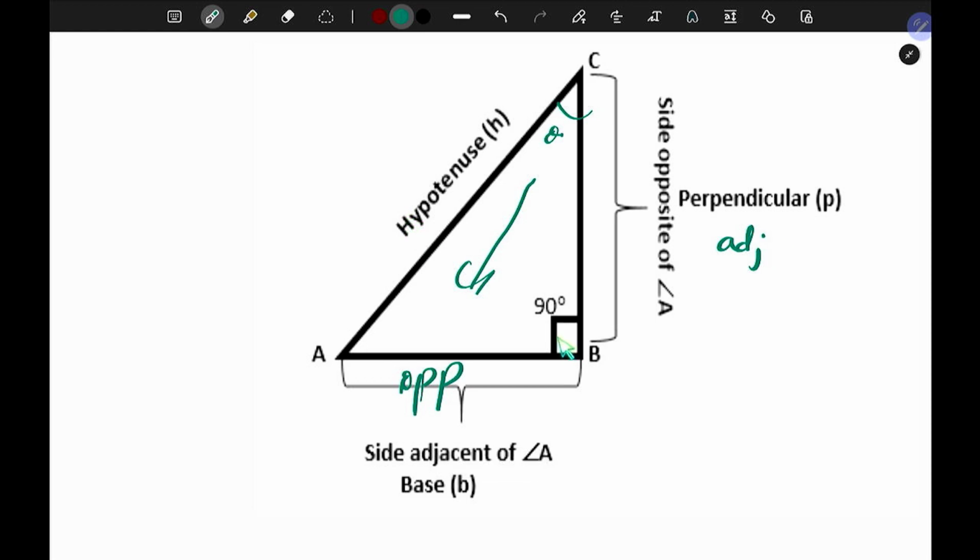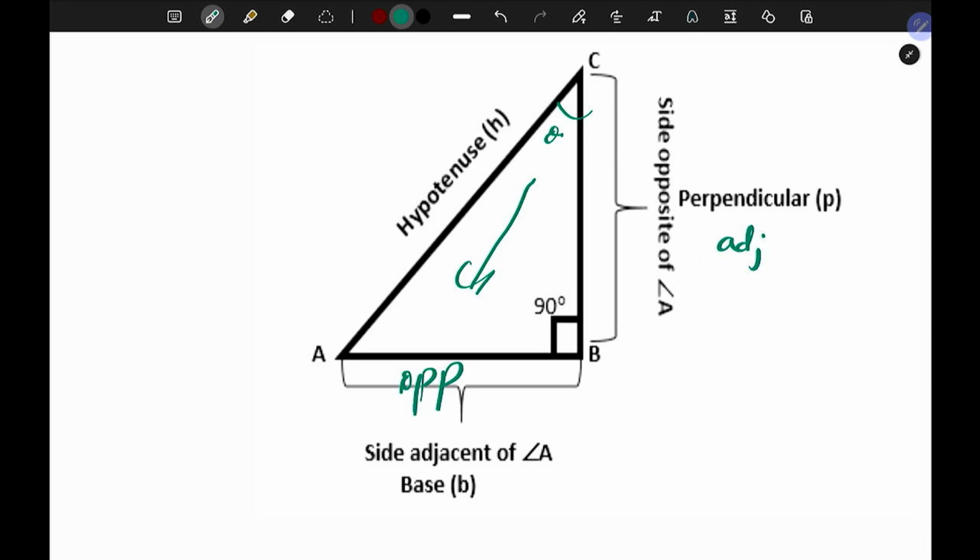First you identify hypotenuse, which is going to be opposite to the 90-degree angle. This is hypotenuse. This is the default. This never changes. And the angle which you have on either side, A or C or P or Q, whatever names you have used in your diagram, the side opposite to that is going to be opposite, and the side touching that angle, adjacent to that angle, is called adjacent.